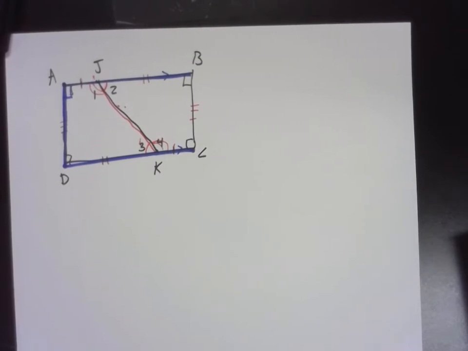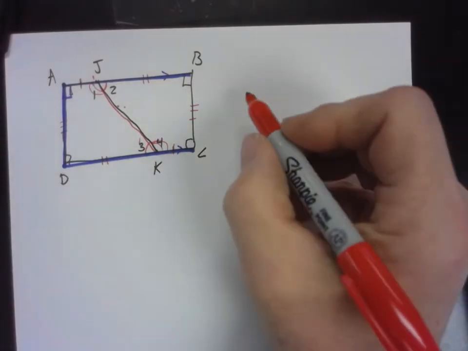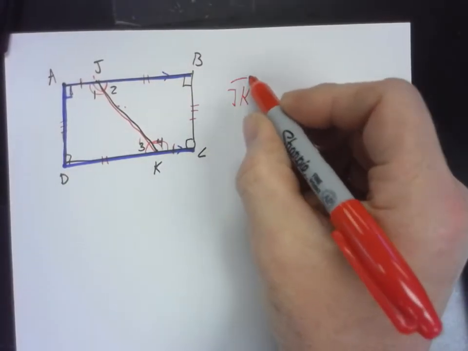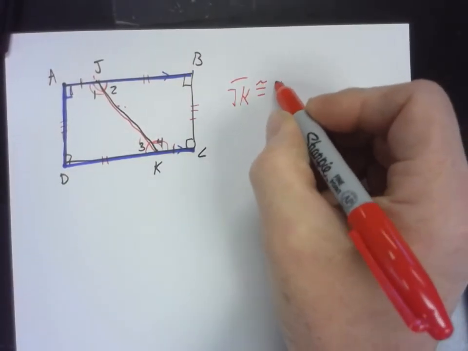Yeah. How do you know? Because it's the same segment in both figures? So is every segment congruent to itself? So you guys are all saying that JK is congruent to JK?